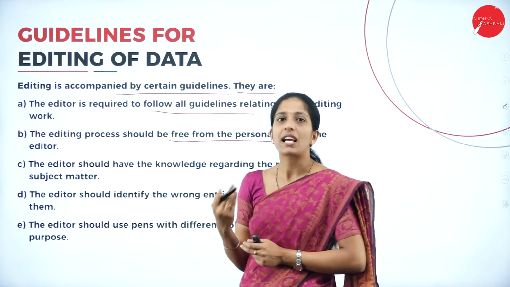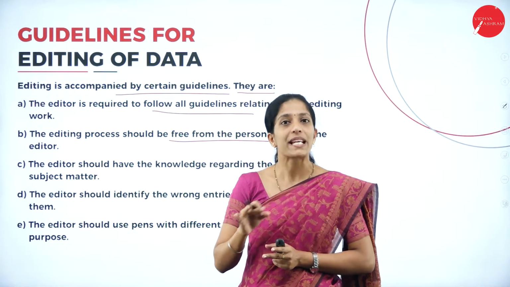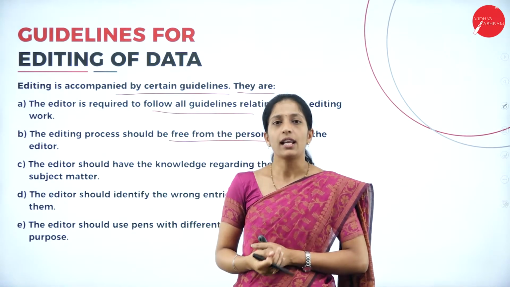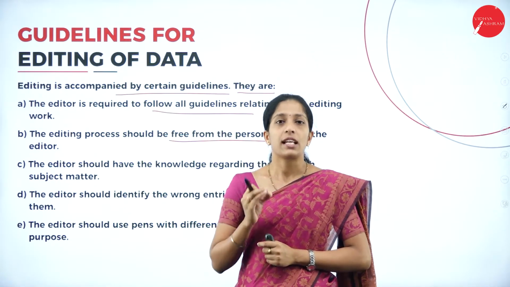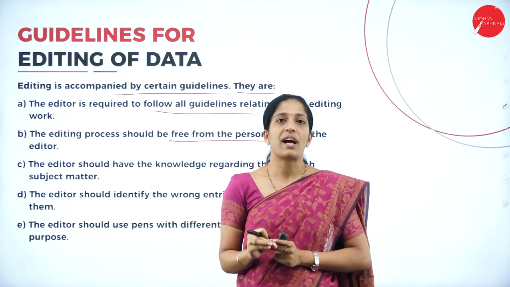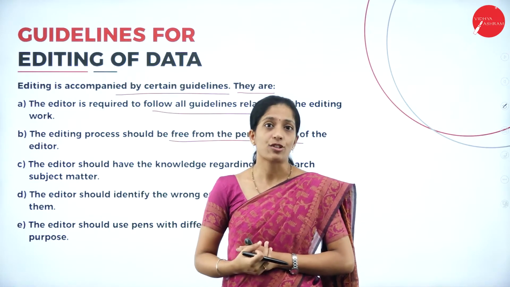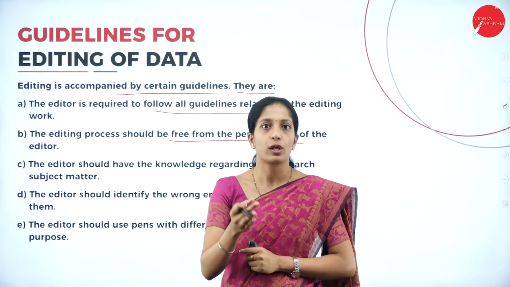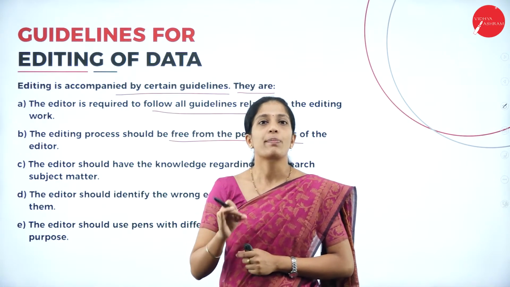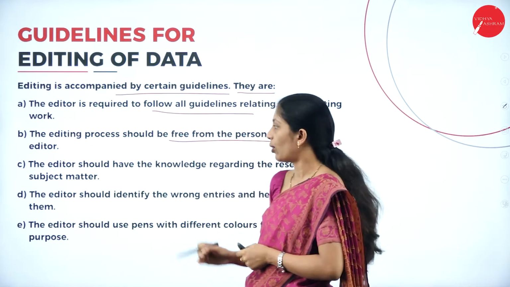The personal bias of the editor has to be ignored completely. If he involves personal bias, whatever information is presented in the research report will go wrong. So personal bias has to be totally ignored.